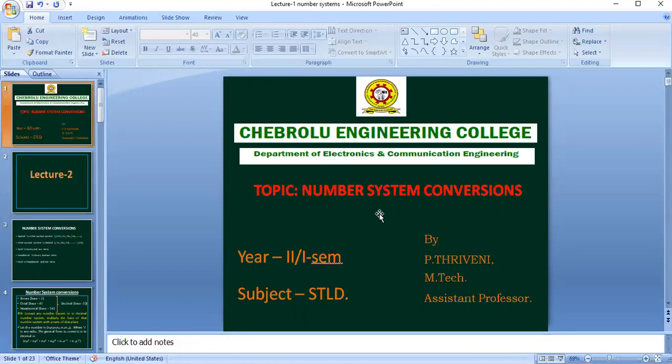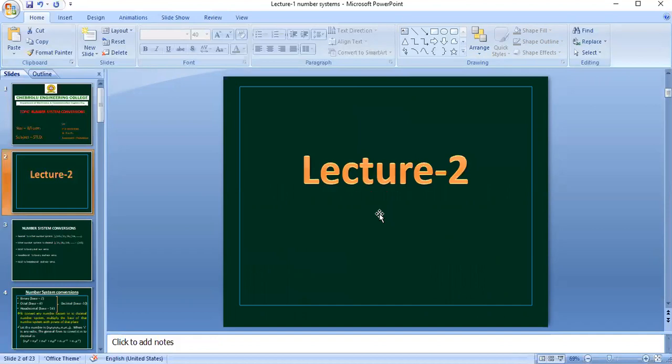So that's why for the octal number system, the base or radix is 8. One more important point is that one octal digit is equal to 3 bits in binary.